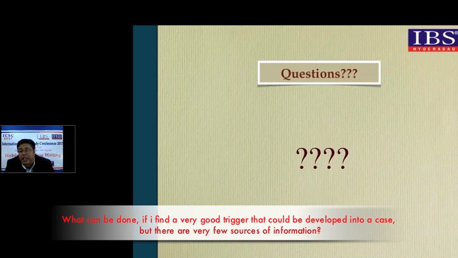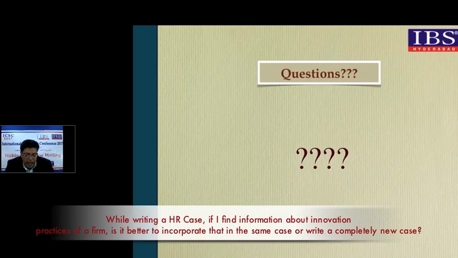But if you think there is enough information for at least writing a shorter, more focused case, maybe dealing with a lesser number of issues, then you can attempt it. But if you are really not confident about the number of sources, then you should look for some other case trigger.